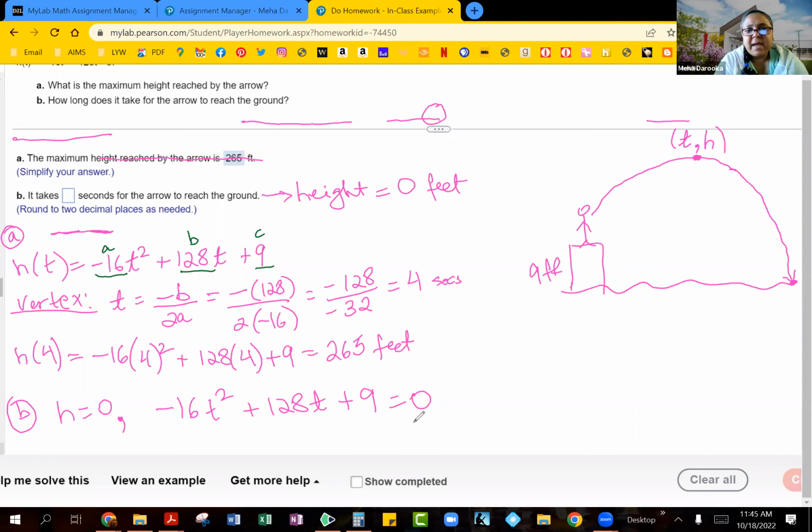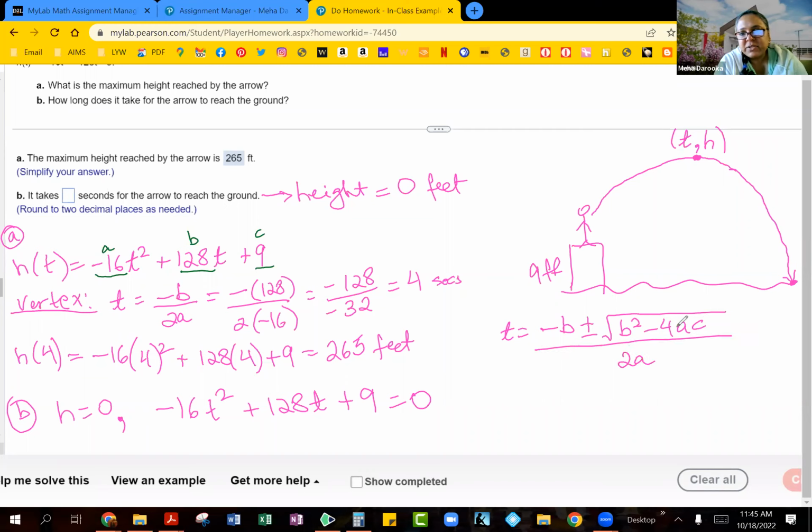For this one, I would recommend using the quadratic formula, because you don't want to mess around with factoring and all of that. I think the quadratic formula will work best in this case. So that would be t equals negative b plus or minus the square root of b squared minus 4ac.